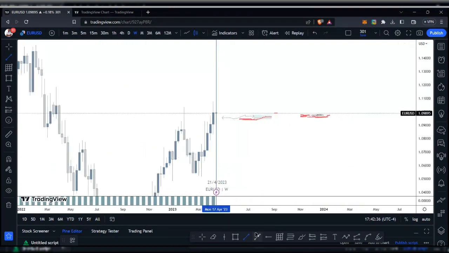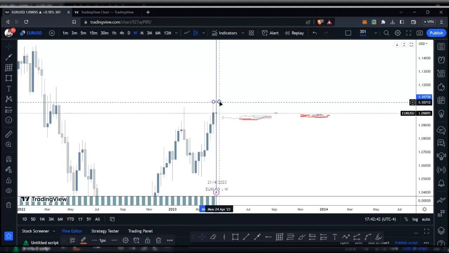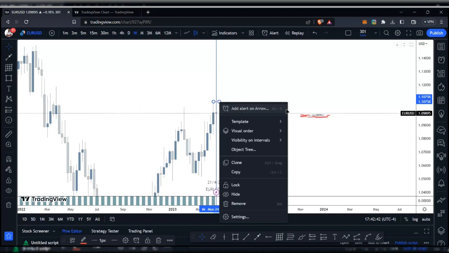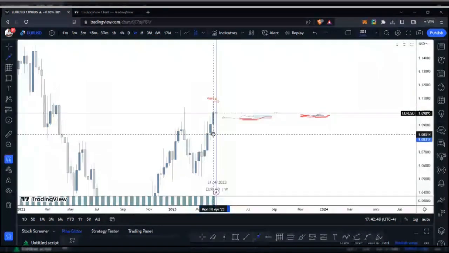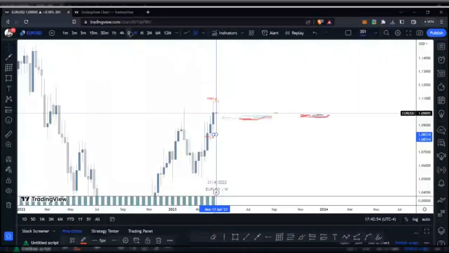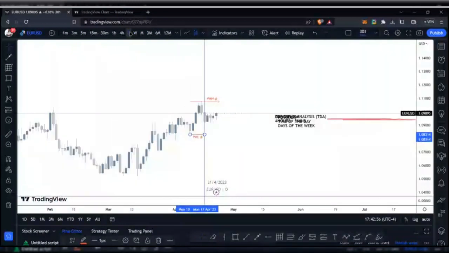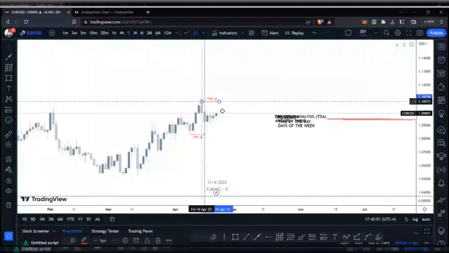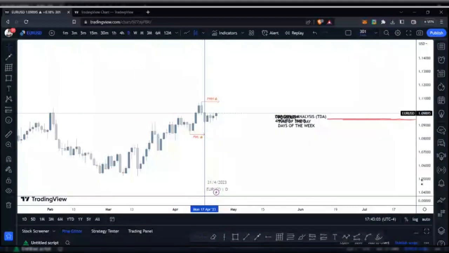You mark out your weekly highs. So this was the weekly high, then this was the weekly low. Then you drop to your daily time frame.